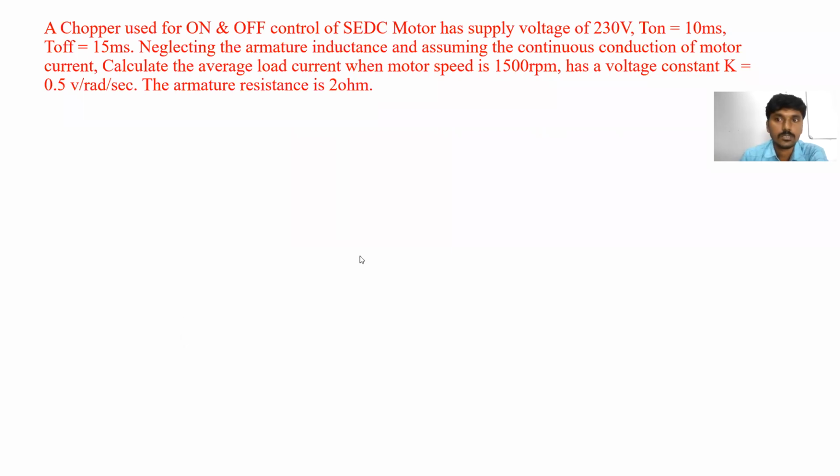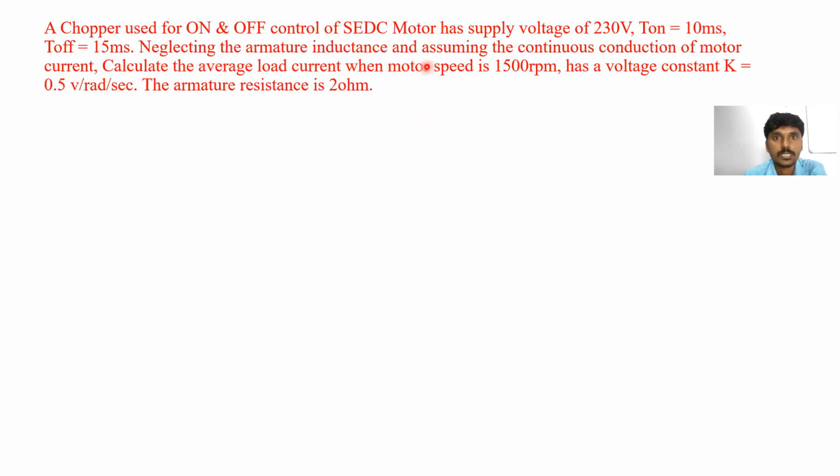Okay, so read the numerical, what data is given and what we have to find out. A chopper used for on and off control of a separately excited DC motor has a supply voltage of 230 volts, and T on is equal to 10 milliseconds, T off is equal to 15 milliseconds.